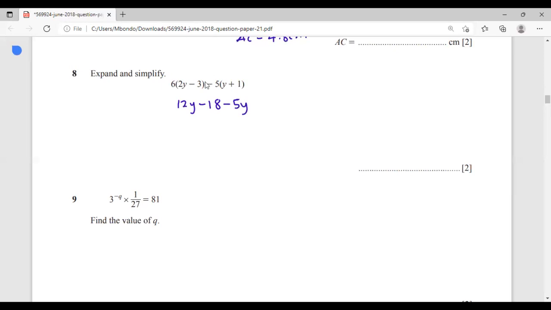So here we're going to have minus 5. Then we put the like terms together, which will be 12y minus 5y minus 18 minus 5. So this gives us 7y minus 23, isn't it? I hope you understand that part.